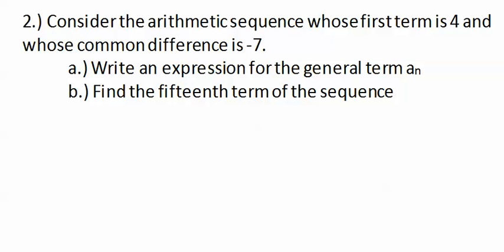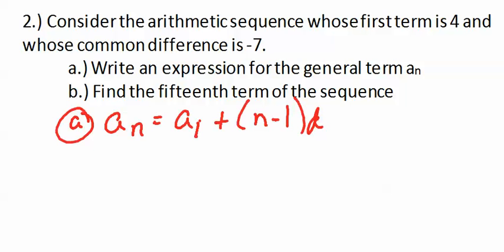So let's consider the arithmetic sequence whose first term is 4 and whose common difference is -7. What we want to do first is write an expression for the general term a sub n. So we start with that general formula, and then we can just plug in. To find the general term, we're going to put in the first term, which is 4.